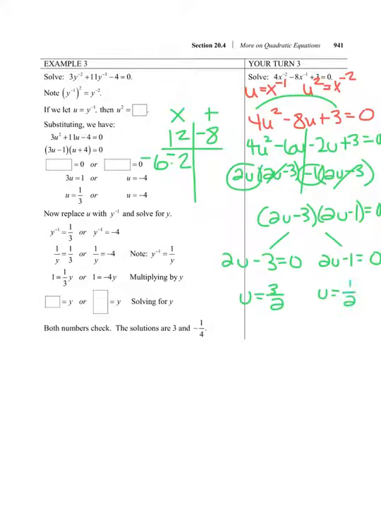Alright, so now we're just going to plug it back in to find what x is equal to, now that I know what u is equal to. So remember that u is equal to x to the negative 1, so that means x to the negative 1 is equal to 3/2. So x to the negative 1 is the same thing as 1 over x.